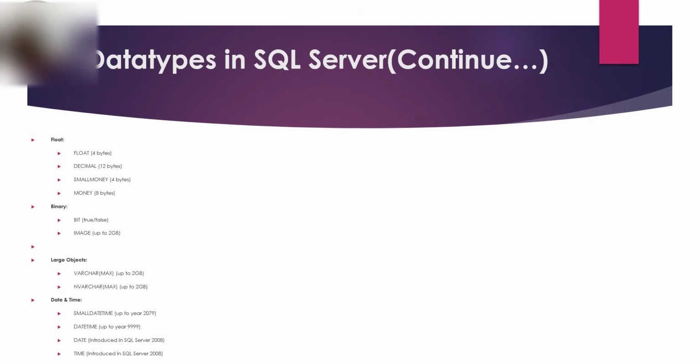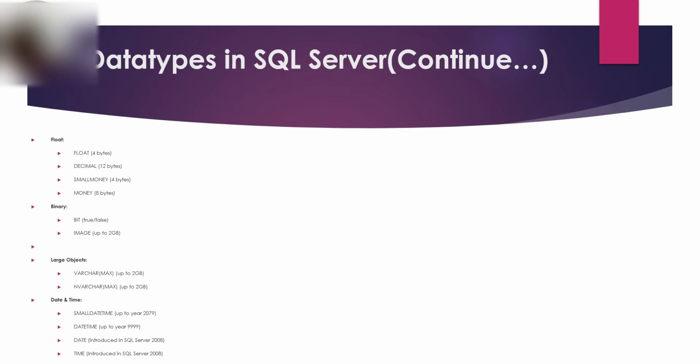Float also has different subtypes like float, decimal, and small money. Then binary, which has the bit values true or false, and also has image. Large objects include varchar max.